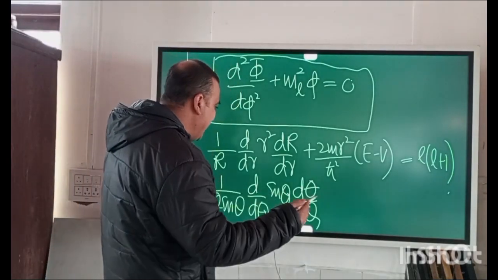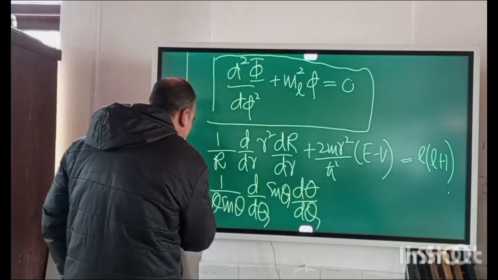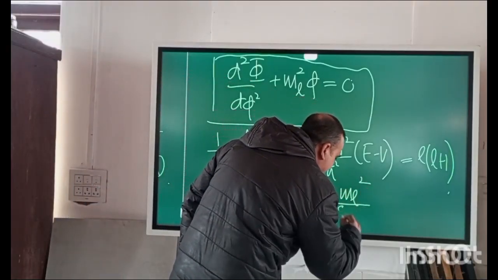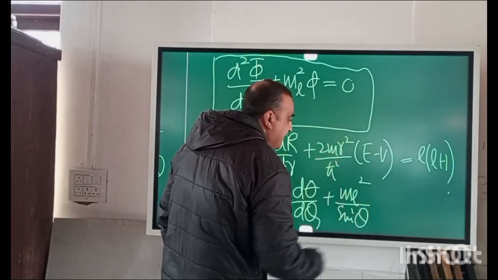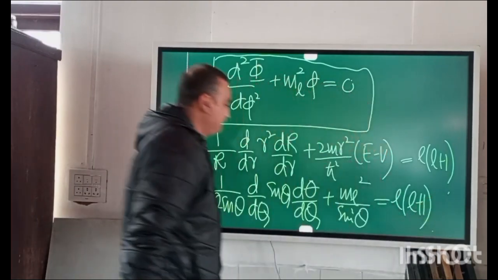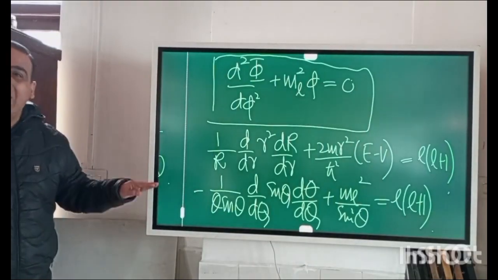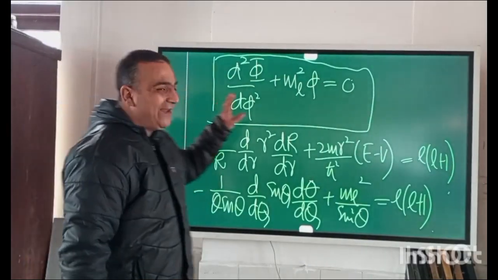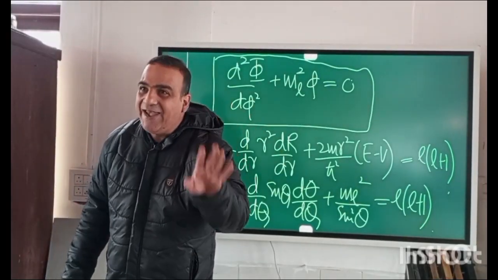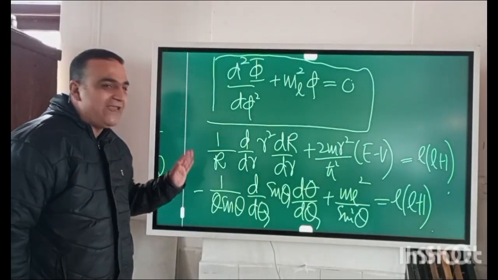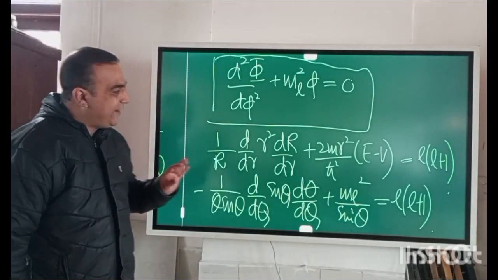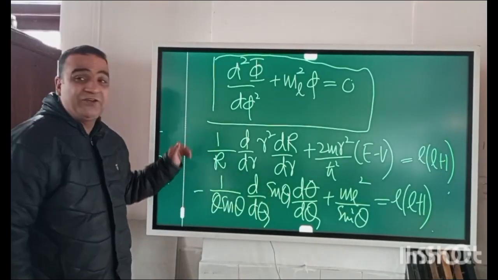Then plus... minus m_l²/sin²θ is equal to L(L+1). Right? Now you have three equations. Equation 1 is in terms of the azimuthal angle, equation 2 in terms of the radius, and equation 3 in terms of the polar angle.